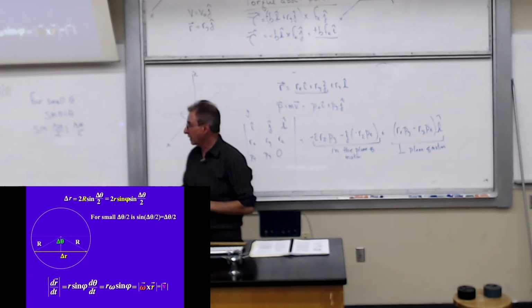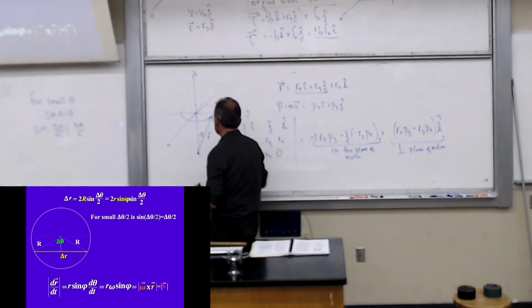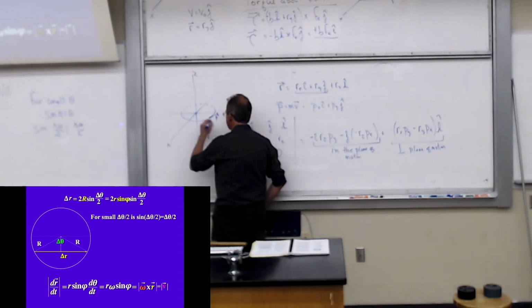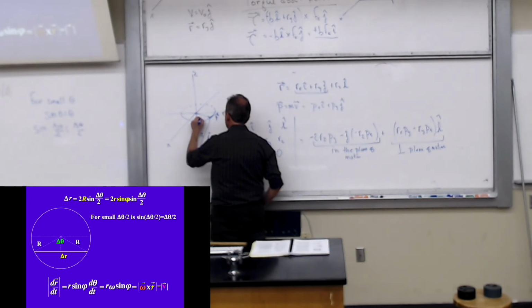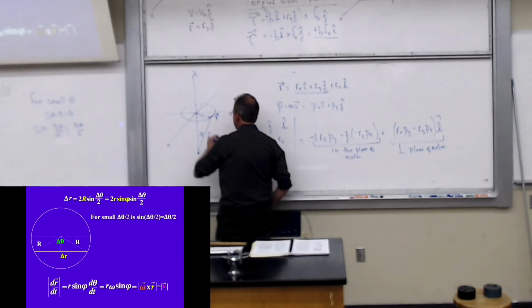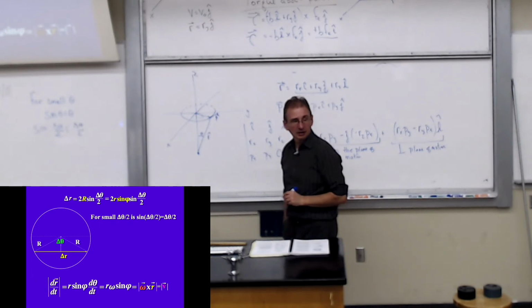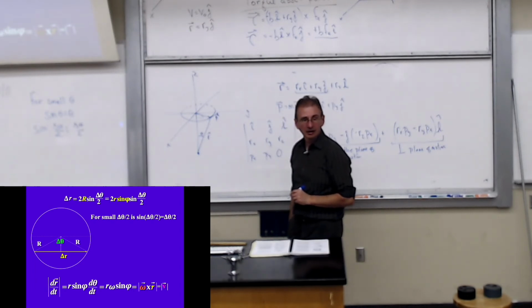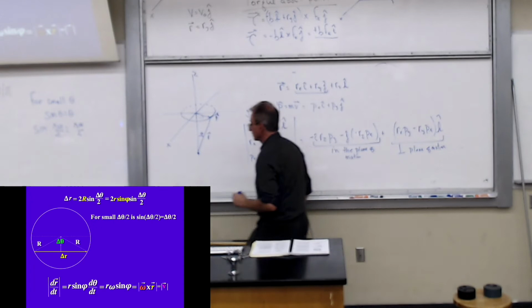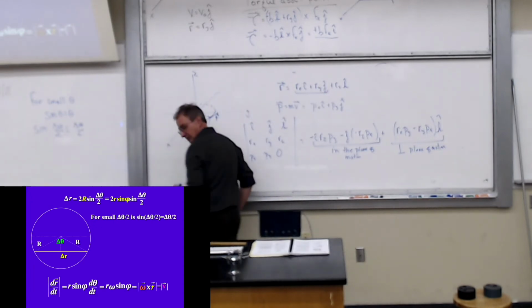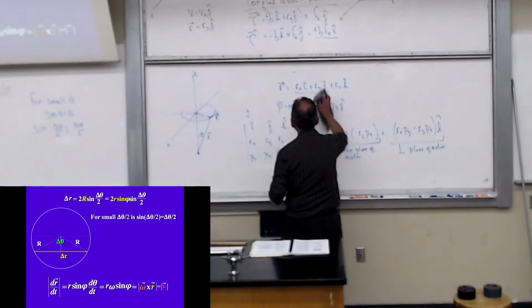Now if you think about it, V is this way, R is this way, or this way, but I'm focused on the component in the plane. Which way is omega? Let's do the simple case and choose a point in the plane.